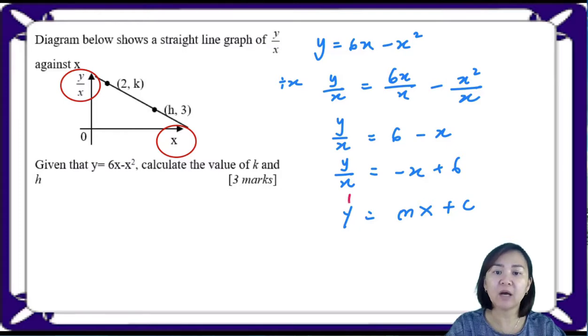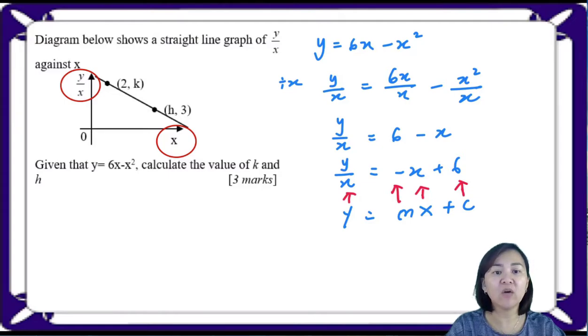We will notice that our y is y over x, our m is equal to negative 1. The axis of x still remains the same, which is x. The value of c, which is the intercept of y, is equal to 6.